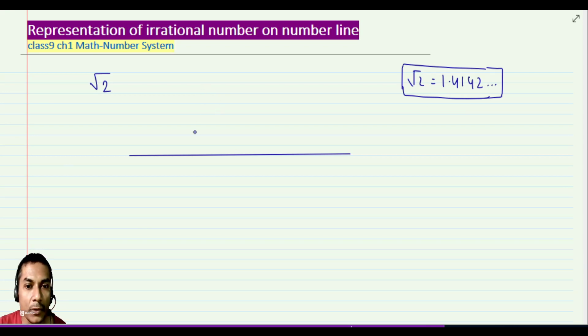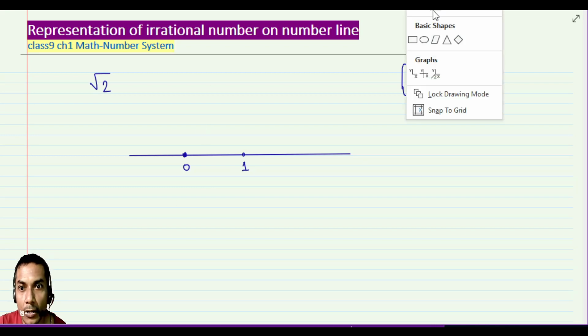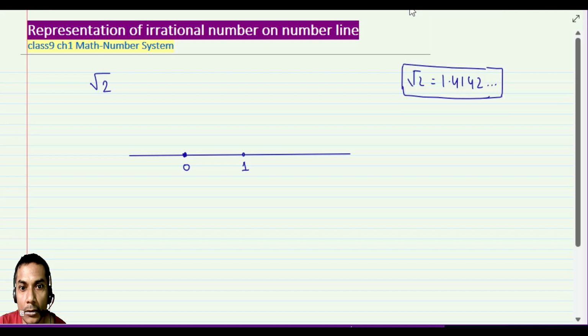Next, what you have to do: you take the point 0 here and you consider 1 here, at any distance, but consider 1 here. Next, we have to draw one vertical line here on this one.